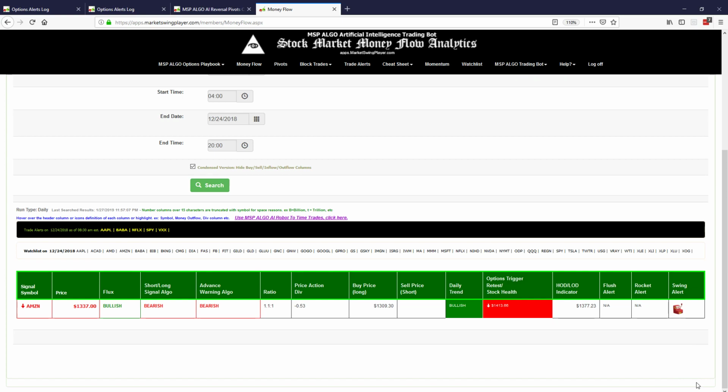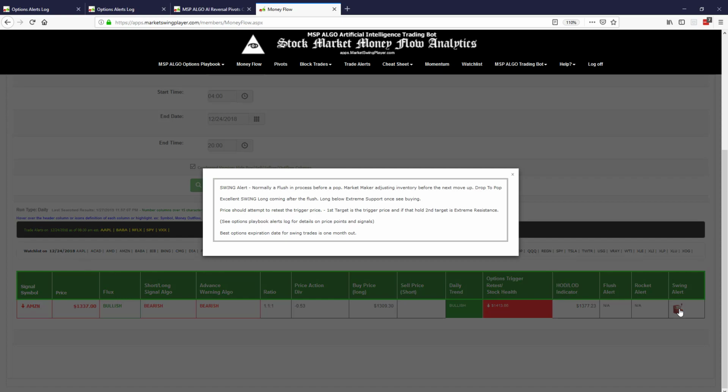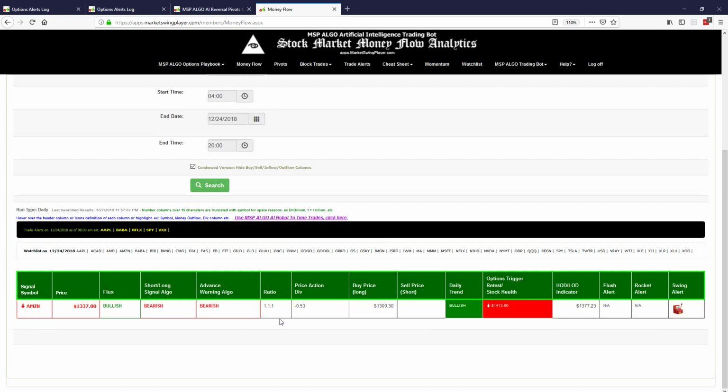So we clicked, we know what we're trying to accomplish, so it gives us a high-level overview, but we need to know when we could go long and when to get out of our short position, because it said that it was a short.